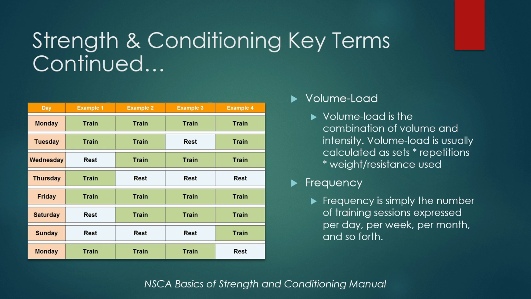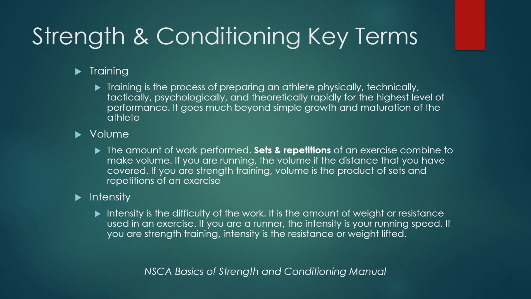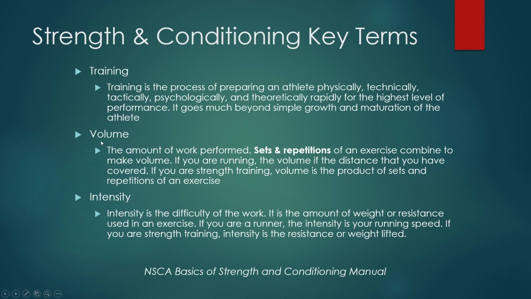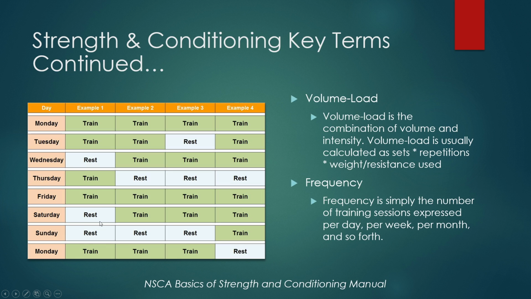Couple key terms continued. Volume load, so combining that volume key term that we just learned. Volume load is a combination of volume and intensity, so it's combining these two right here, volume and intensity. It's usually calculated as sets times repetitions, so volume multiplied by the weight or resistance used.